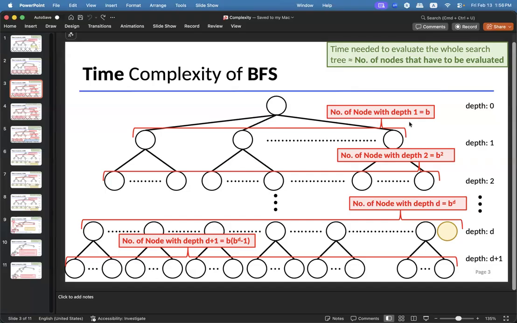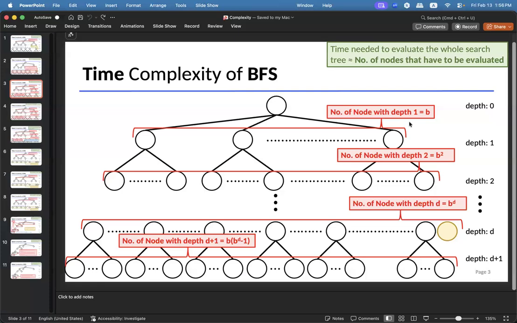And if we consider depth of 2, each node in depth 1 can have B nodes. So the number of nodes with a depth of 2 is B squared. You have B nodes with a depth of 1, and each depth 1 node can have B nodes as child nodes.